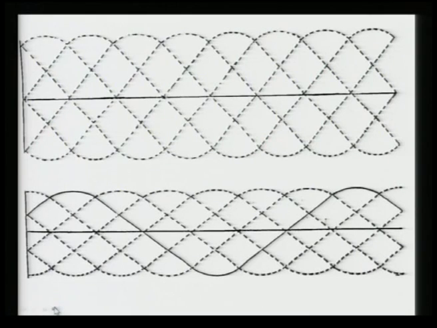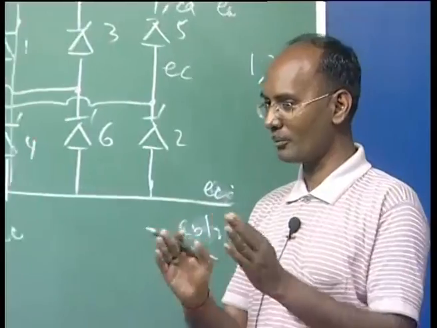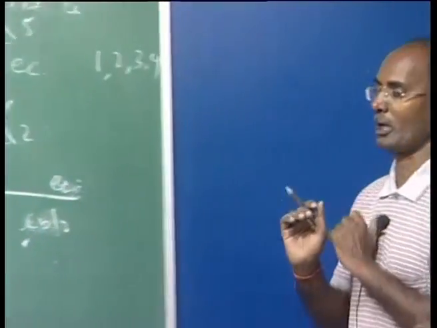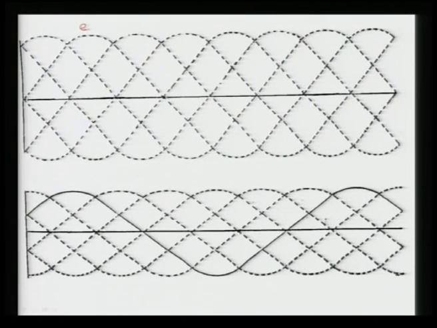So in this case, we can now draw again, because that picture was very complex and not clear. Here I am going to draw and we'll see how it happens. As our initial condition, I am taking EBA as the commutation voltage of valve 3.